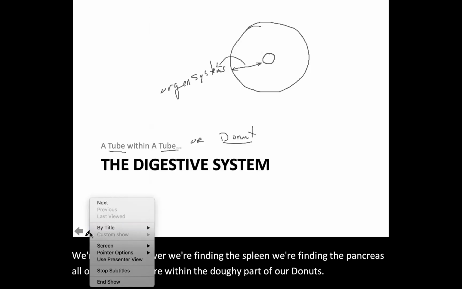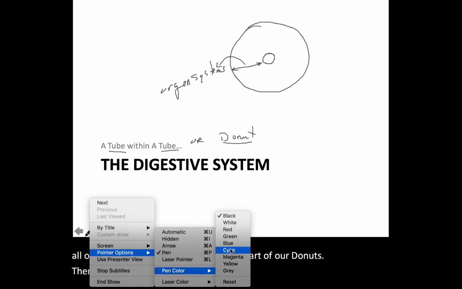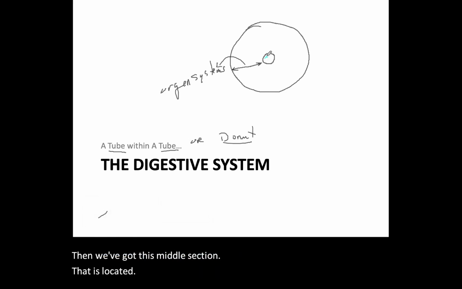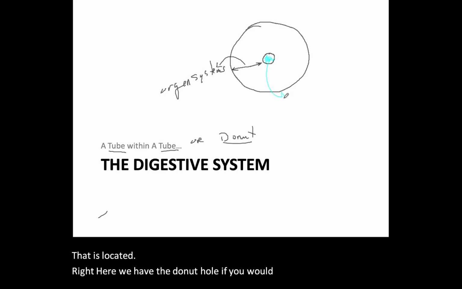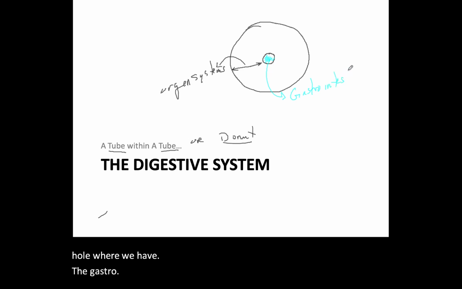Then we've got this middle section that is located right here. We have the donut hole, if you would. And it's within the donut hole where we have the gastrointestinal tract.